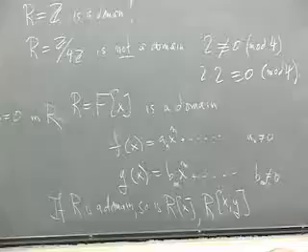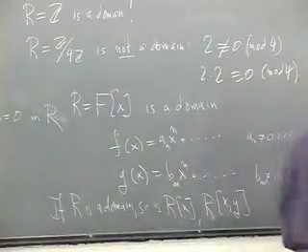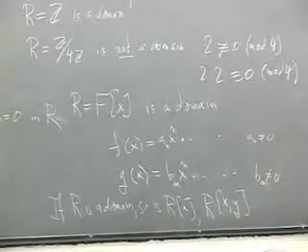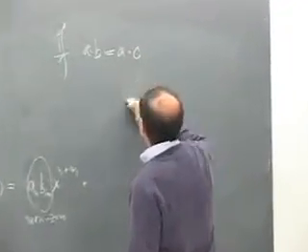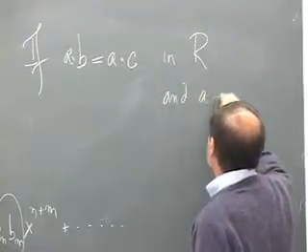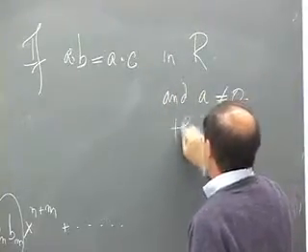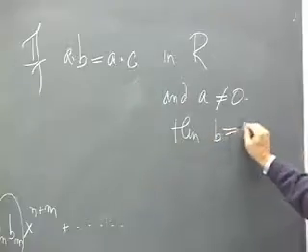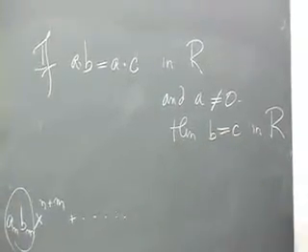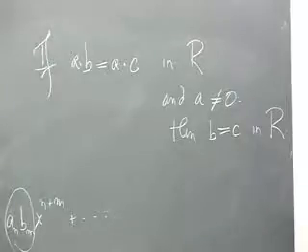So domains have the following wonderful cancellation property, which is going to be useful for us. If a times b is equal to a times c in R, and a is not equal to 0, then b is equal to c in R. Again, that's completely false in non-domains.